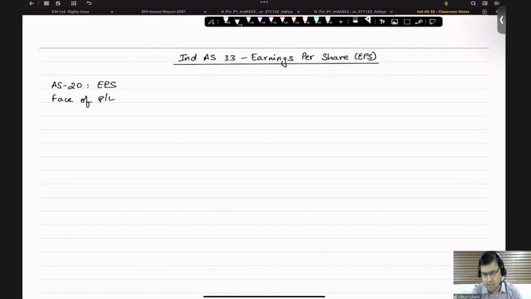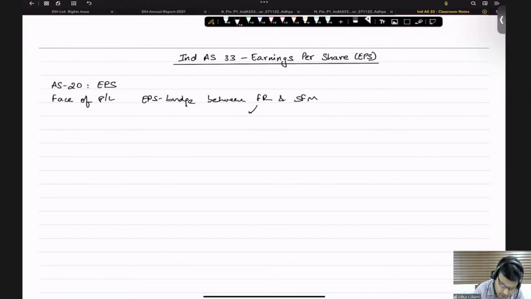Why do we disclose it on the face of the P&L? What is the relevance? Technically speaking, your EPS is of the maximum importance to analysts, investors, all these kinds of people. Why is it important to them? Well, it acts as a bridge between financial reporting and SFM.